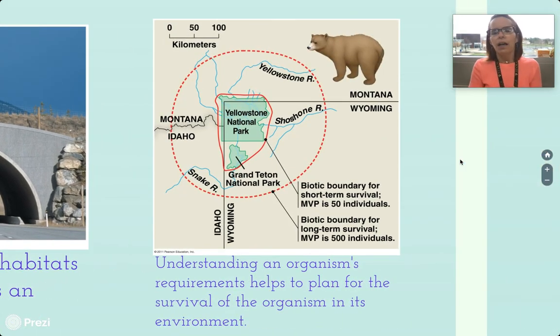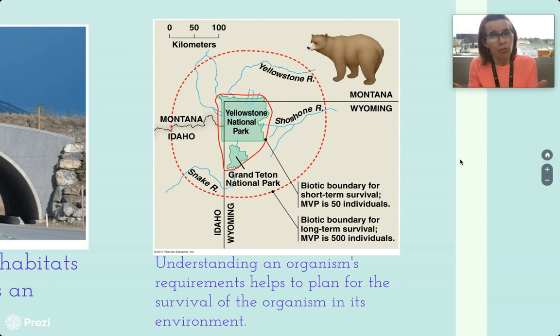Here's an example of how sad. The United States currently has 62 national parks, although they add like one a year practically. And so that's awesome that we have these national parks. But the national parks are way too small, and they don't allow animals to go from one national park to another.